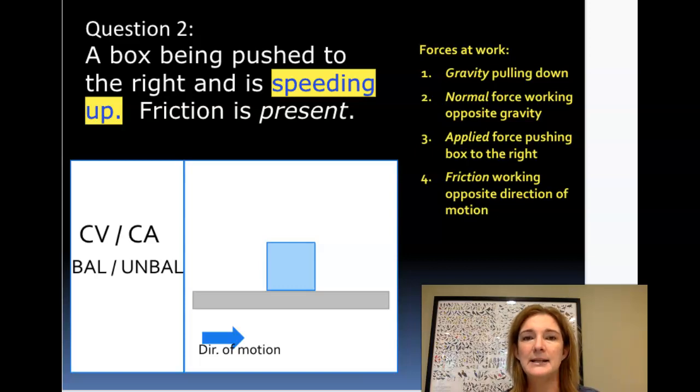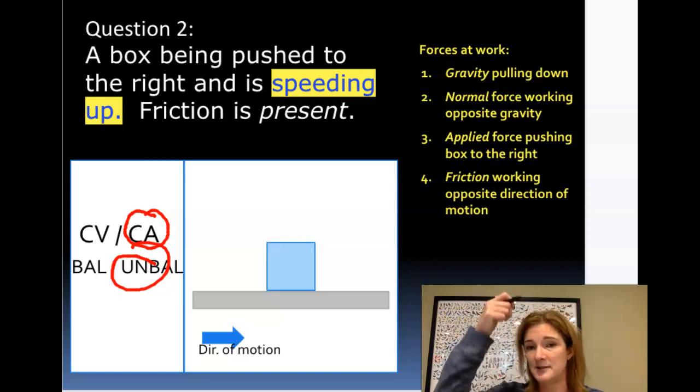If it's speeding up, that means there is acceleration, right? Constant acceleration. And if there's acceleration, that means the forces are unbalanced. Those are the choices for this one. Over here are hints. We have gravity and normal force, just like the last one. This box is not rising up into the air and it's not sinking down into the planet.